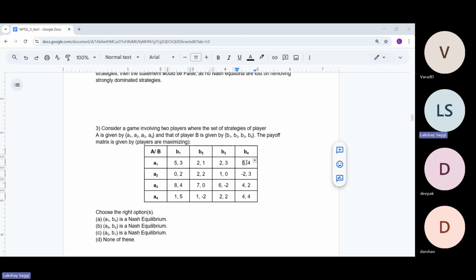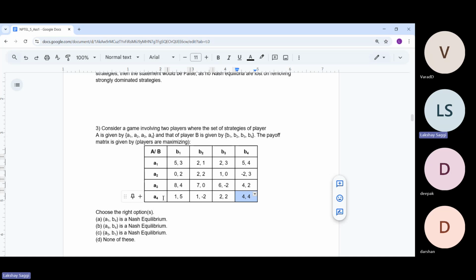Yes, Darshan. So in these tuples, the first element denotes the payoff for the row player, and the second element denotes the payoff for the column player. So in this A4 comma B4, the payoff for both row and column player is 4, right? But now if the row player decides to switch from A4 to A1, these are the strategies for the row player.